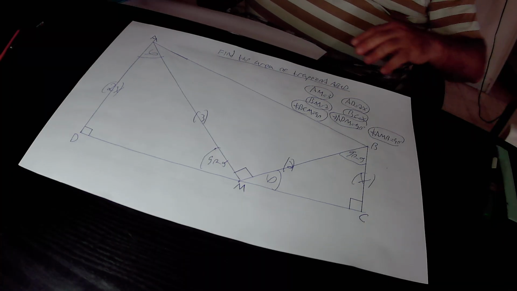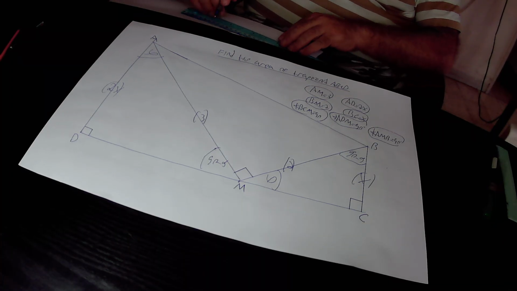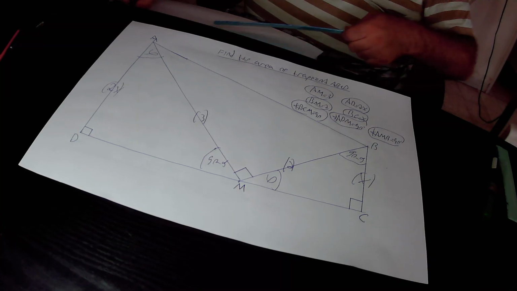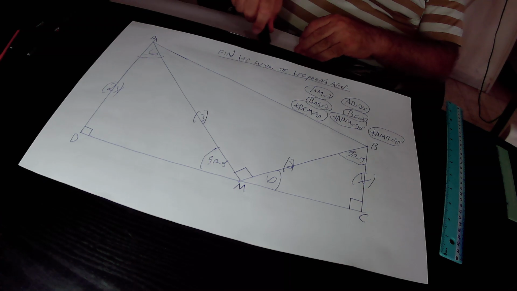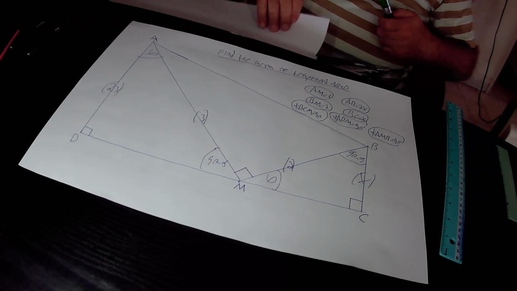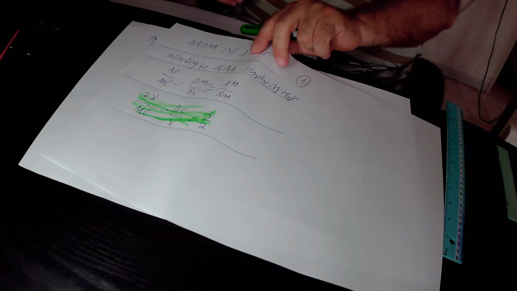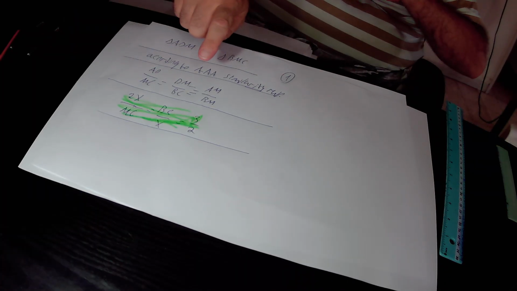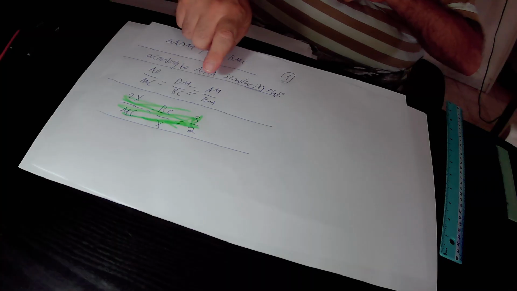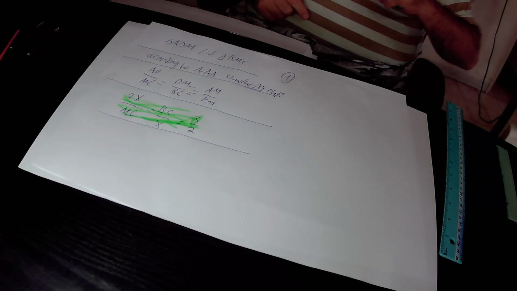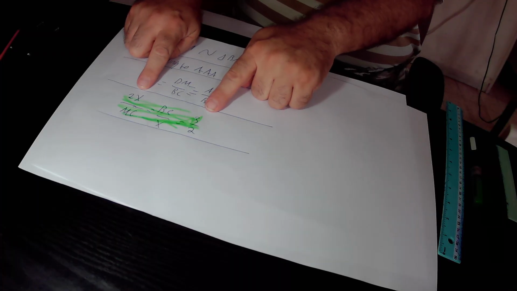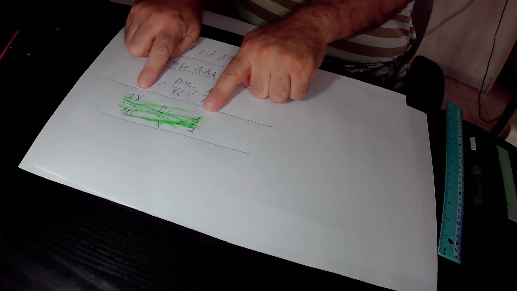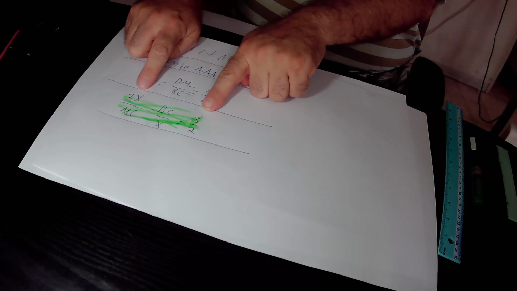So in total, we have found out that 2x over MC equals BC over x equals 3/2. Those two expressions are equal to each other, therefore we get equation 1 from them.